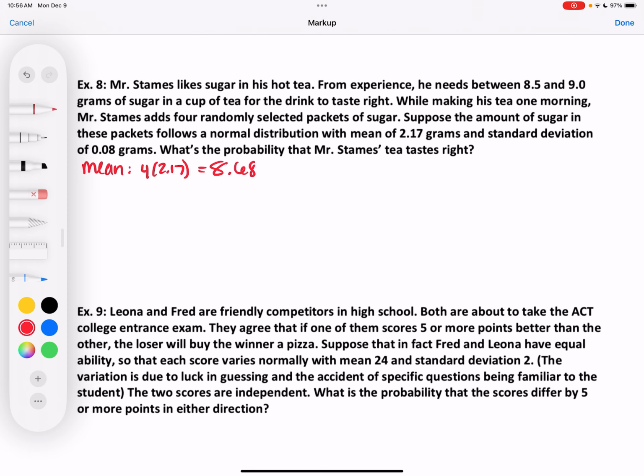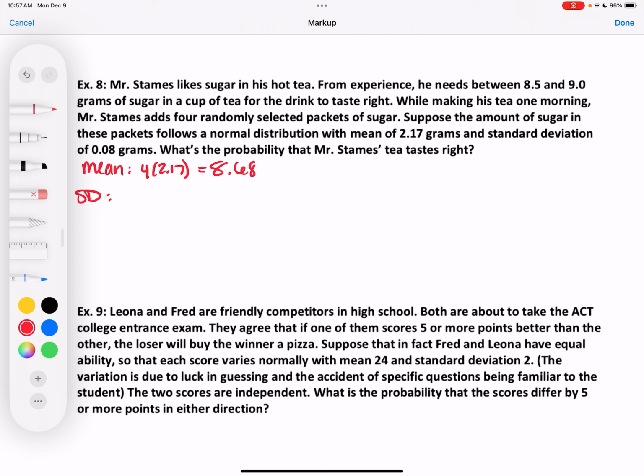What about the standard deviation, though? Do you have to multiply it and then take the square root or something? Or is it just like the square root of the mean? Never the square root of the mean.